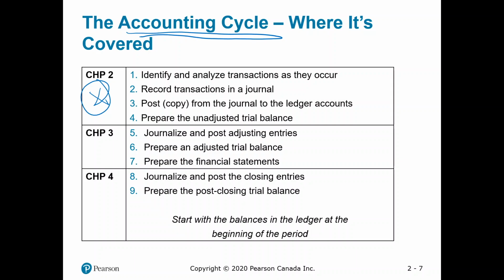We will identify and analyze transactions as they occur, record these transactions in a journal. We will then post, or copy, from the journal to our ledger accounts. And number 4, we'll prepare an unadjusted trial balance. I know these terms right now don't mean anything, but that's what we're going to start by looking at and what we'll go through in these videos.